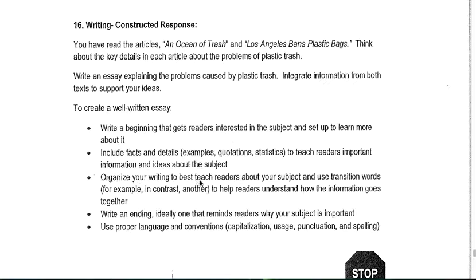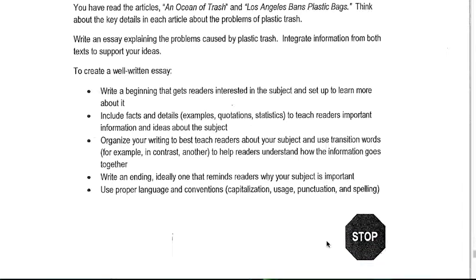Organize your writing to best teach readers about your subject and use transition words, for example, in contrast, another, to help readers understand how the information goes together. Write an ending, ideally one that reminds readers why your subject is important. Use proper language and conventions, such as capitalization, usage, punctuation, and spelling.